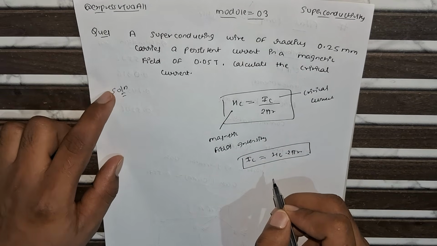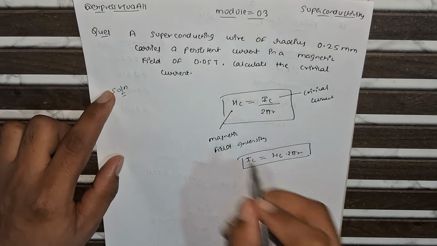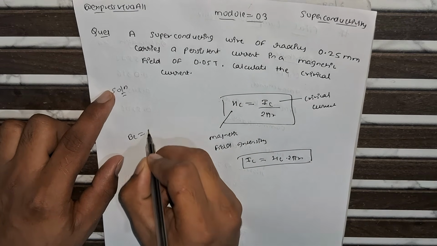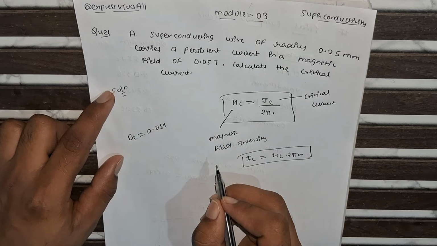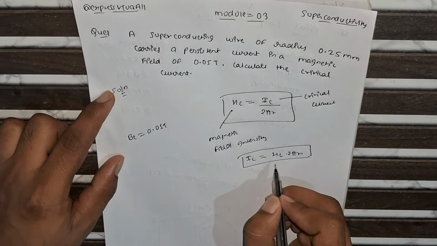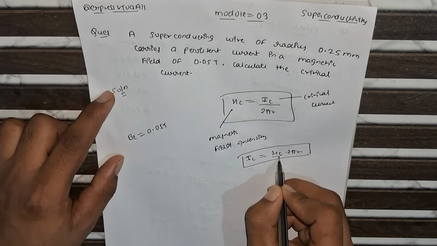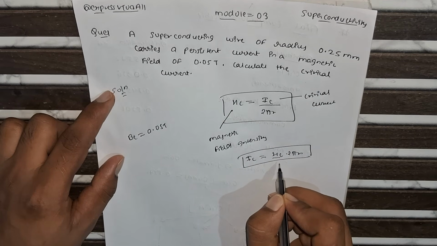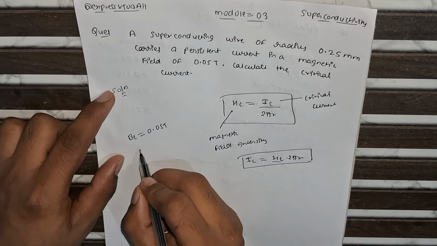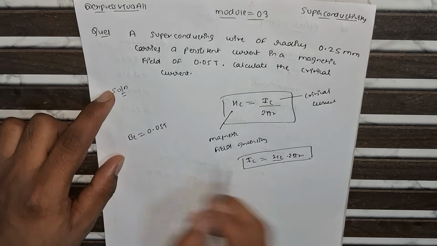Now in the problem, it provides the magnetic field which is Bc. This is our magnetic field which is 0.05 T. So we use the constitutive relation, because in the question Hc is nothing but magnetic field intensity, but in the question it is given Bc which is our magnetic field. So now we have to convert this relation.